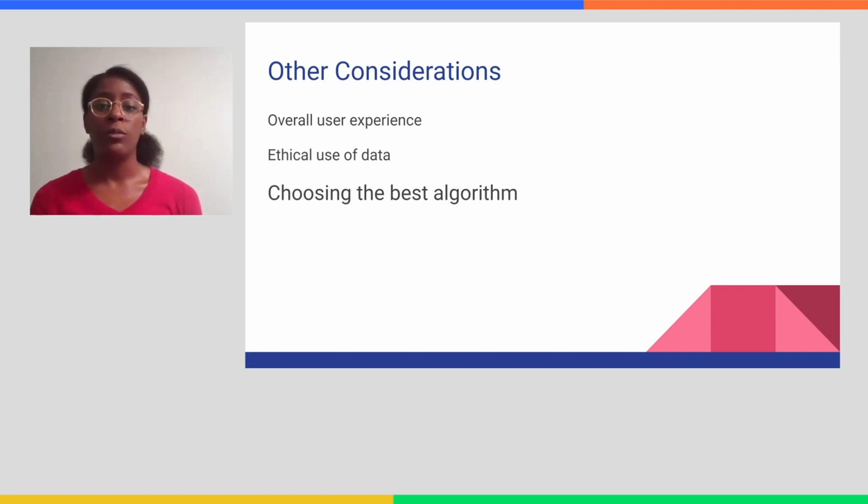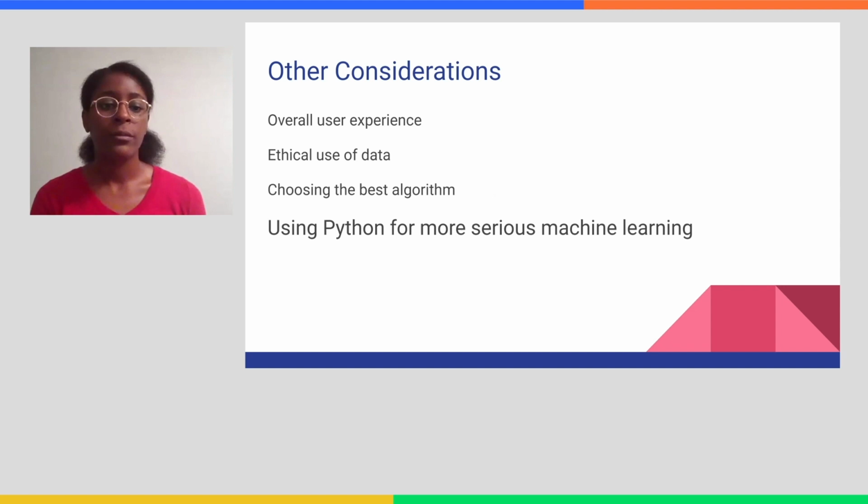That could have been done with something like a multivariate regression algorithm or any number of other algorithms. It's just what feels better for your data, what gives you faster results, and what gives you the most accurate results. Those are the metrics you should use when you're trying to pick a machine learning algorithm.